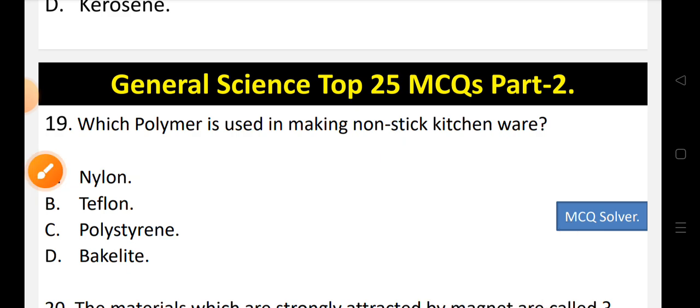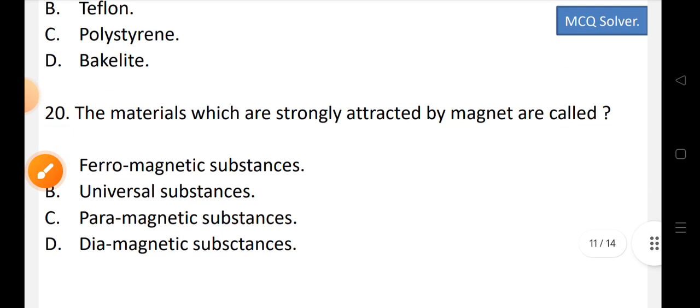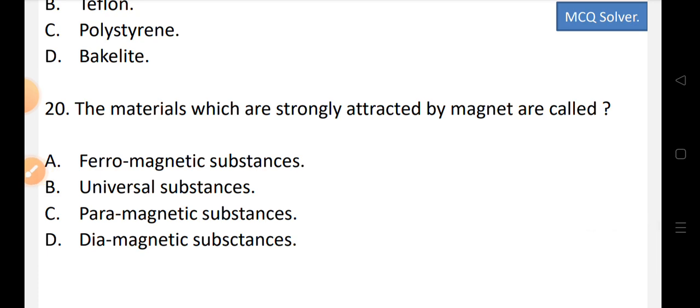Now let's move to question number 20. The materials which are strongly attracted by magnet are called, options are option A ferromagnetic substances, option B universal substances, option C paramagnetic substances, or option D diamagnetic substances.